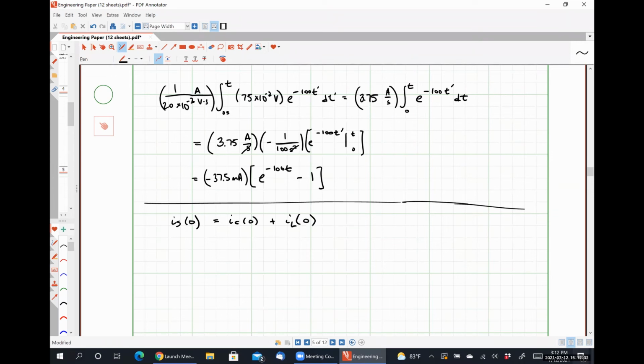Does that make sense? So effectively what I am saying is at the exact instant in time where t is equal to 0, Kirchhoff's current law must still be valid. Can anybody think of a reason why this isn't true?